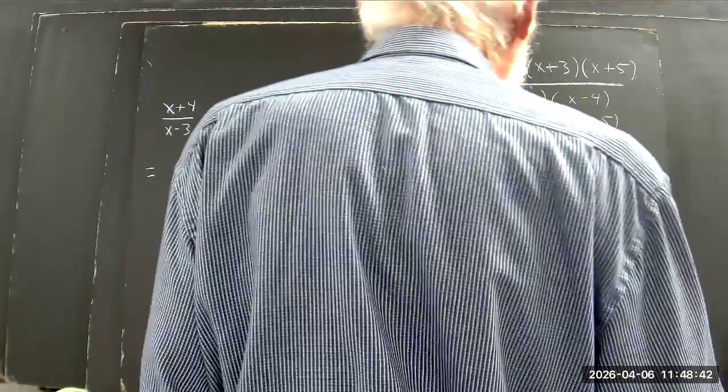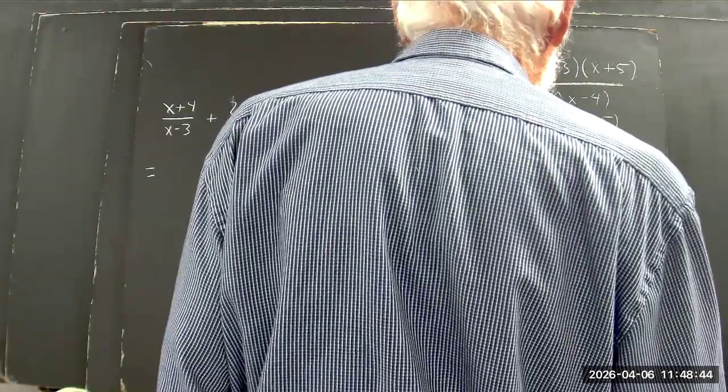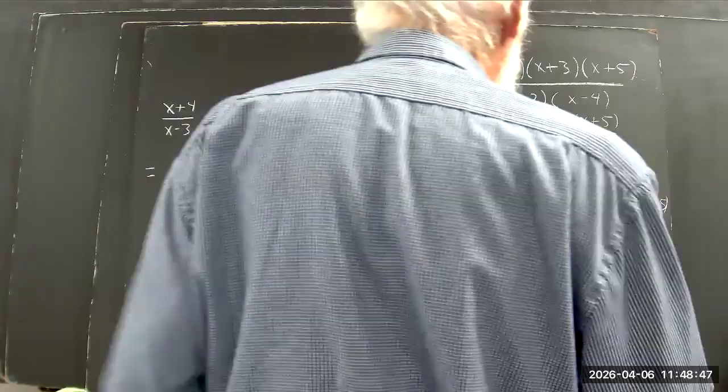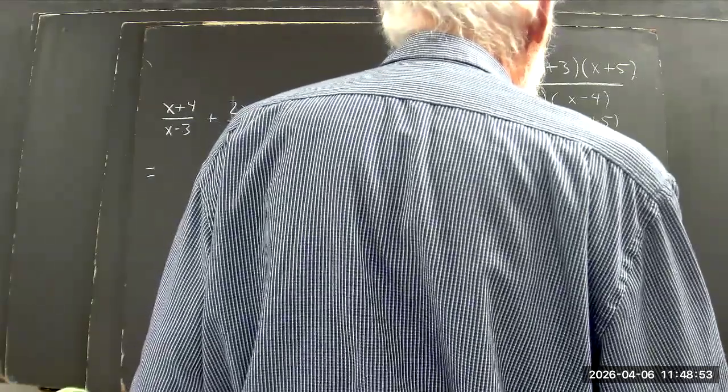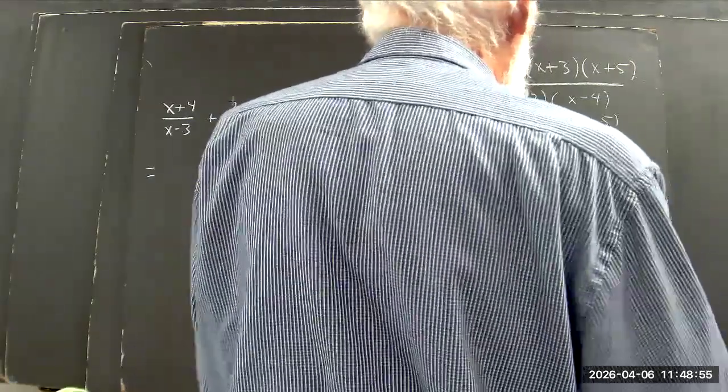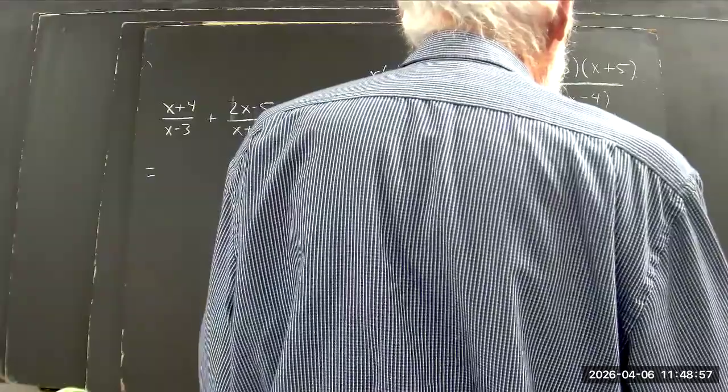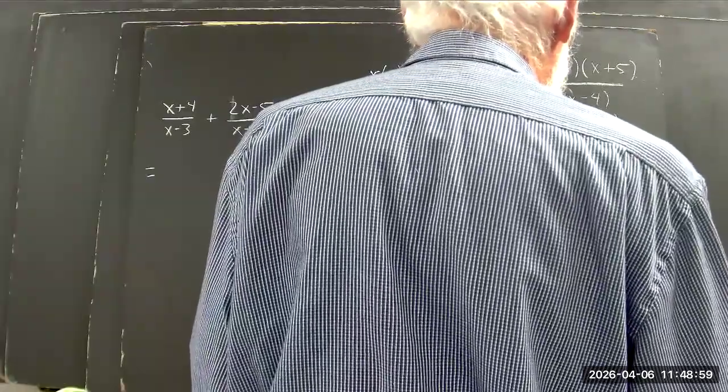Well, that equals, we got x squared twice, we got 2x squared. 4x and x makes 5x. Negative 21 and negative 20 is negative 41.